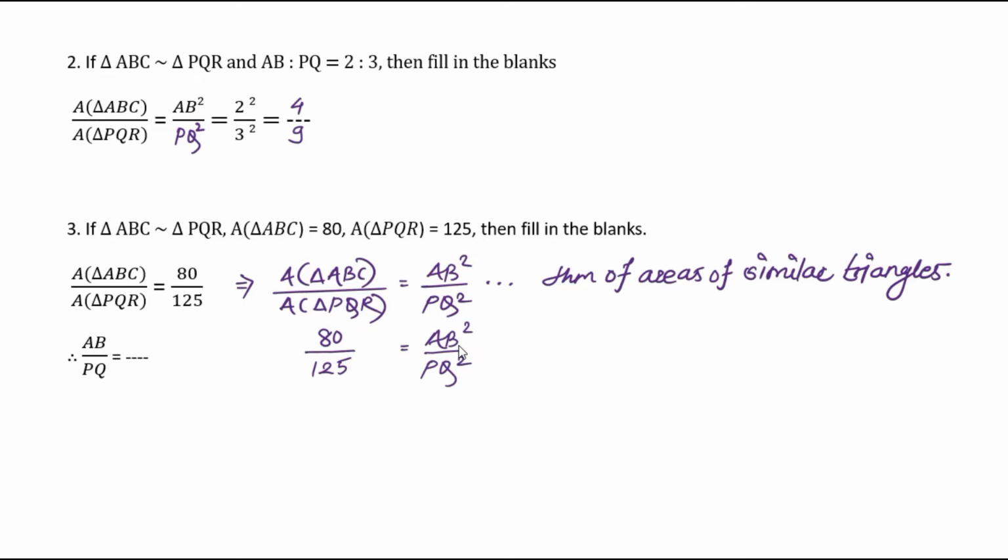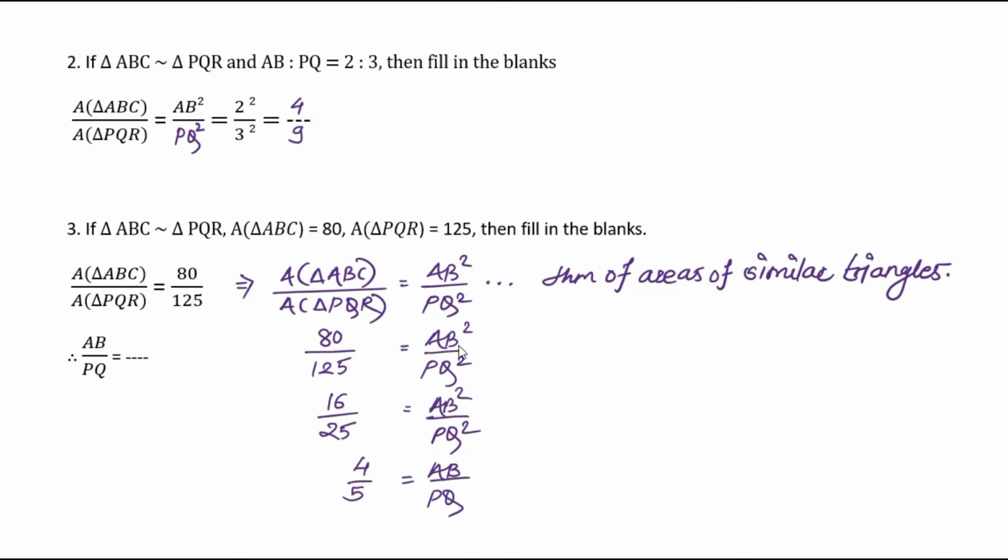So 80 upon 125 is actually 16 upon 25, which is the reduced form. 25 fives are 125 and 16 fives are 80. So again we have to complete this step, and if we take the square root of 16 and 25 in this equation, we will get 4 by 5, which is equal to AB upon PQ.